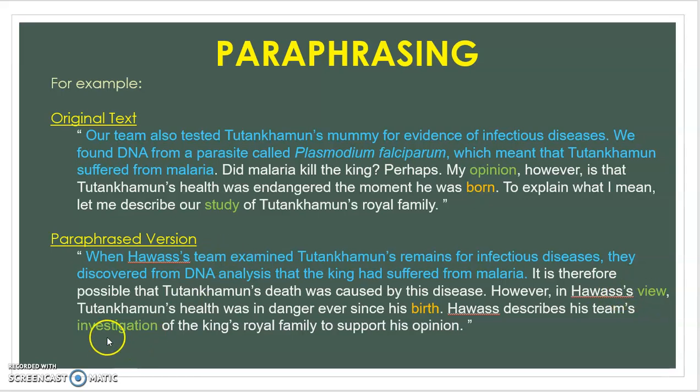Another example would be the word investigation. The word investigation here is used instead of the word study in the original text. It is important to make sure that the synonym that you use in your paraphrased version matches the context of the sentence used in the original text as well.